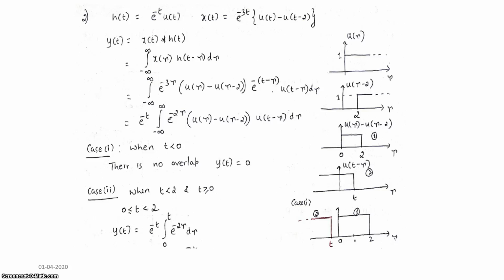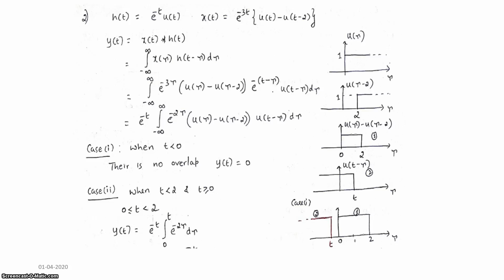Now in the given equations, replace the variable t by tau, so h of tau is equal to e to the power minus tau into u of tau, and x of tau is equal to e to the power minus 3 tau into u of tau minus u of tau minus 2. I'll substitute that in the y of t equation. Therefore, e to the power minus 3 tau into u of tau minus u of tau minus 2, and the other one is e to the power minus of t minus tau into u of t minus tau d tau.